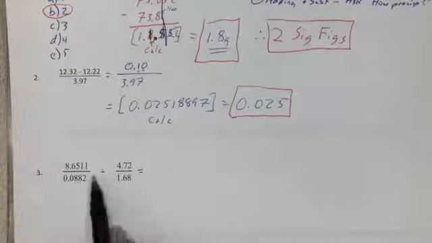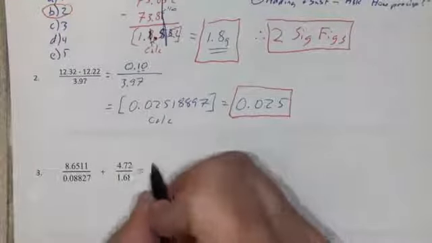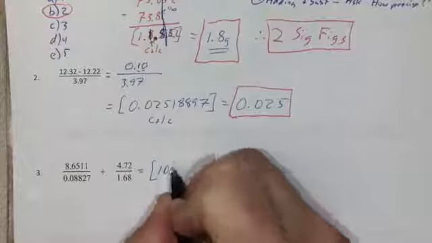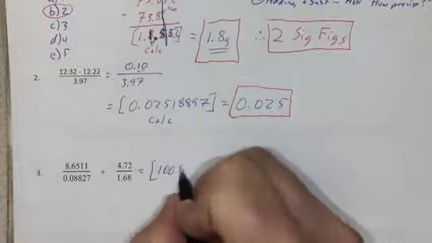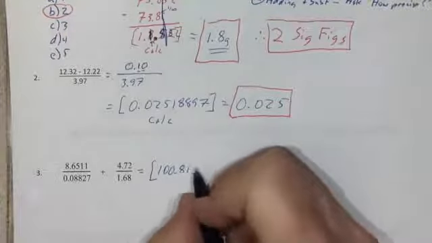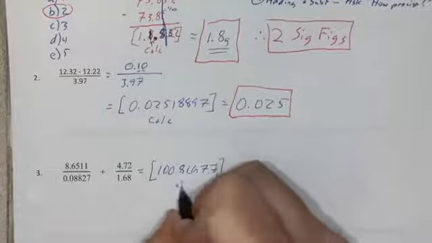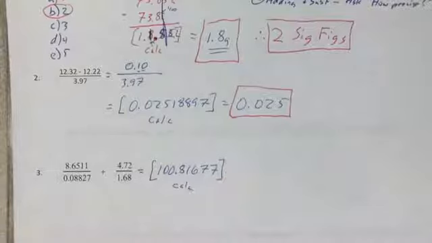So if we do this all the way through in our calculator, here's the calculator answer that we get without paying attention to significant figures. Let's just do this all the way through, and we'll get 100.81677 as our calculator answer. But we have to look at this and determine how precise should this be.